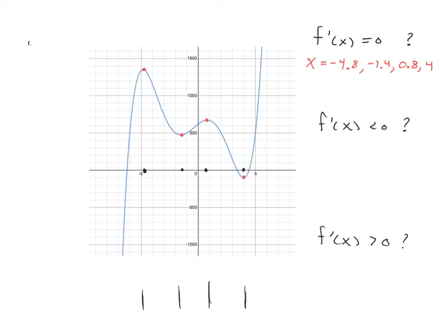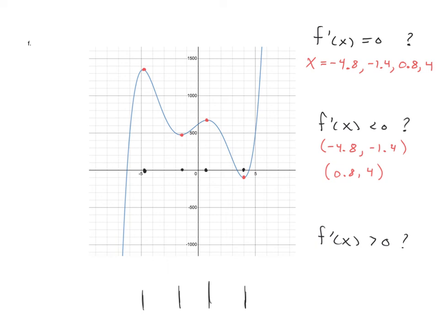Around these values, it's either positive or negative. So where's it negative? That's any place where the function is decreasing. So that's here and here. 2 places. All right, so that's from, let's see, negative 4.8 up to negative 1.4, but also from 0.8 up to 4.